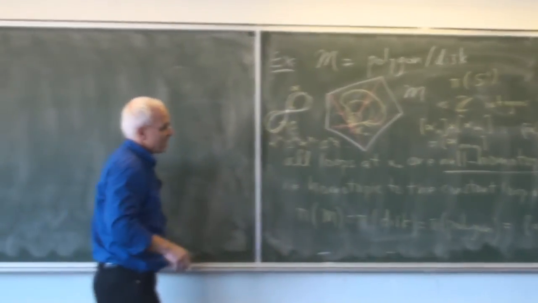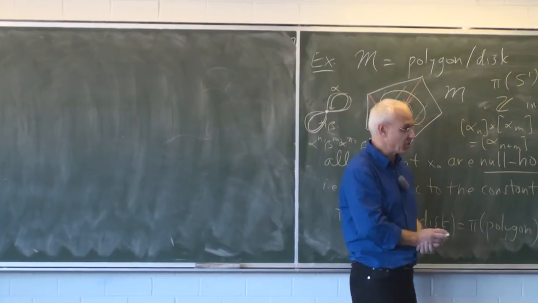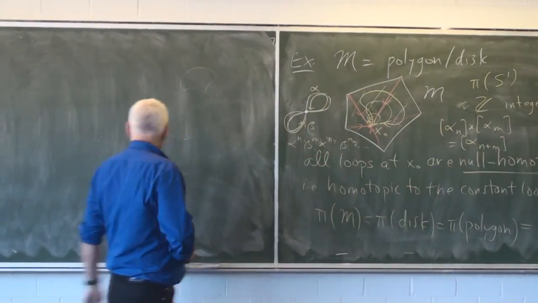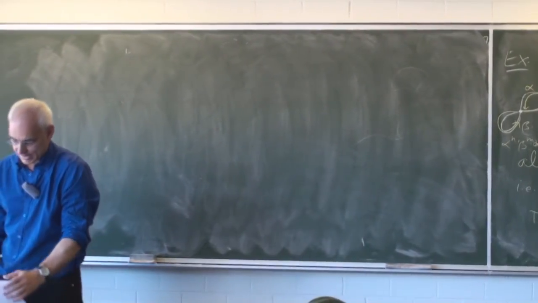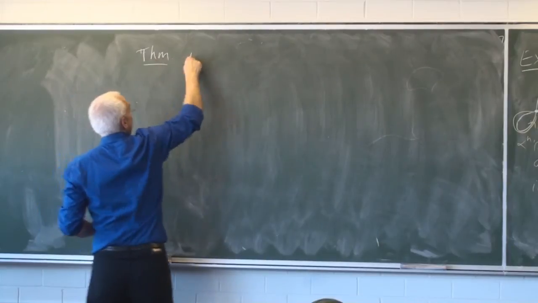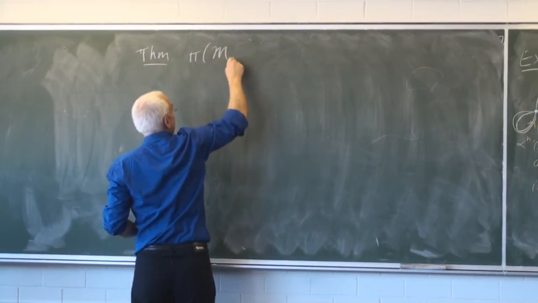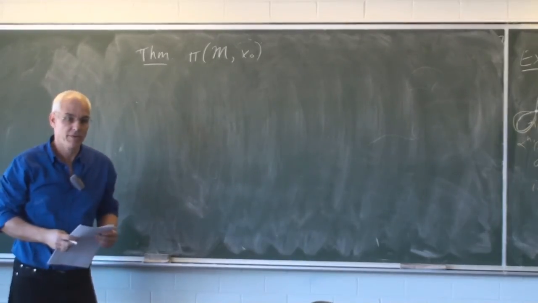Okay, so we've talked about this algebraic object, the fundamental group that we're associating to a surface now, a surface together with a base point. And now there's a main fact. Okay, the main fact is this theorem that pi of M, x0 is a group.